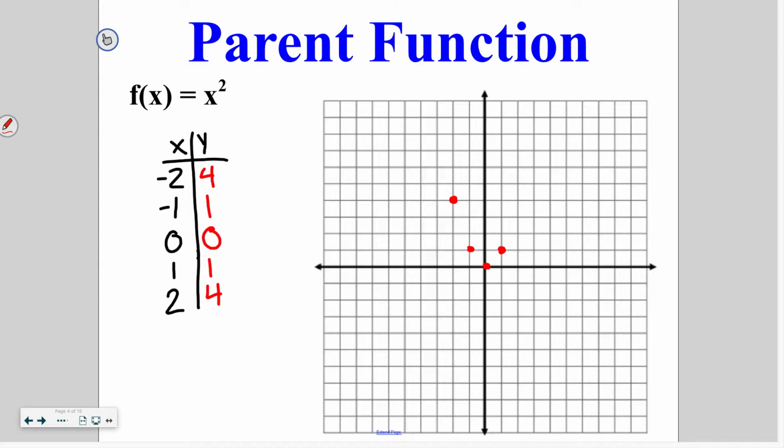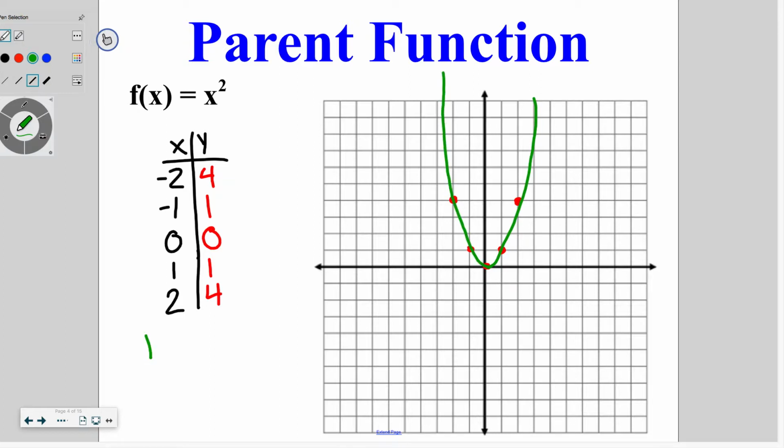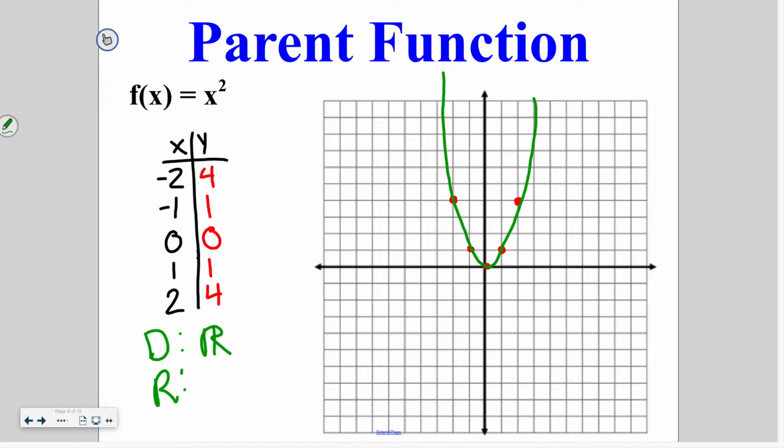All other quadratics are based off of this parent function. The domain of the parent function, like any quadratic, is all reals, so any number can be plugged in for x, and our range for the parent function is going to be y is greater than or equal to 0. All of the points are going up from 0.